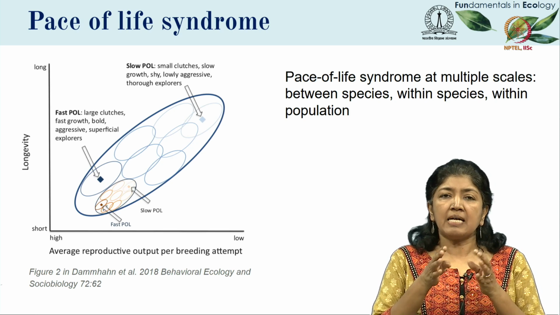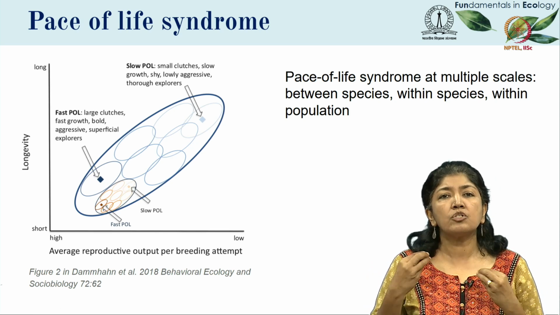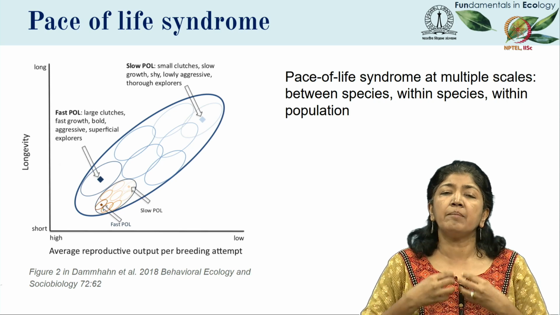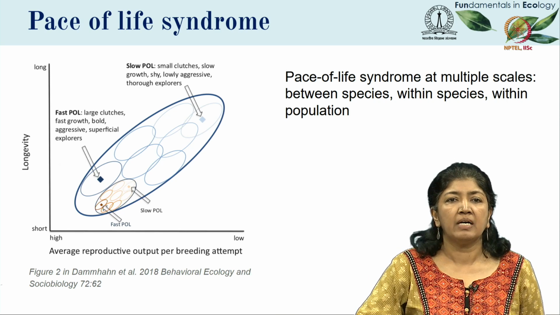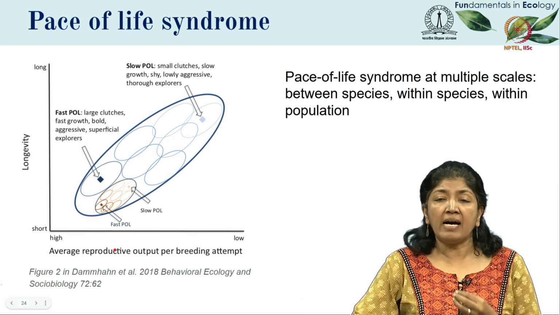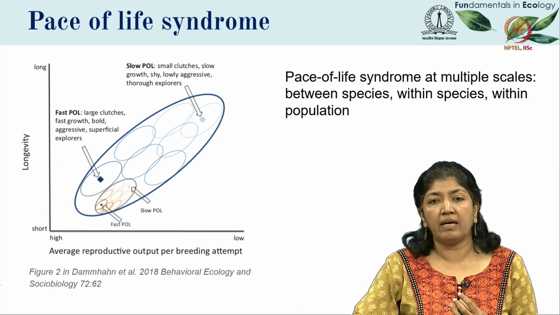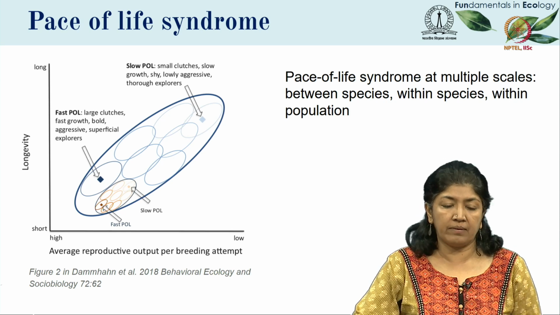Now, these R and K strategies have also been explained as a pace of life syndrome. That is, animals may live fast and die young, or live slowly and die much older.